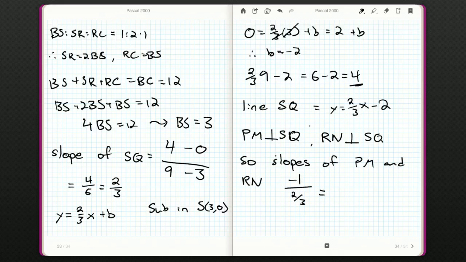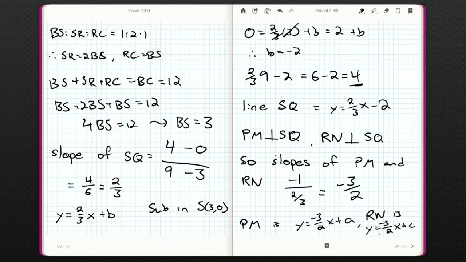So we take the slope of SQ, which is 2/3, and we take the negative reciprocal of it. So -1 over 2/3 becomes -3/2. So we'll say PM, and then RN, we're going to give it the equation -3/2 x plus c. All right.